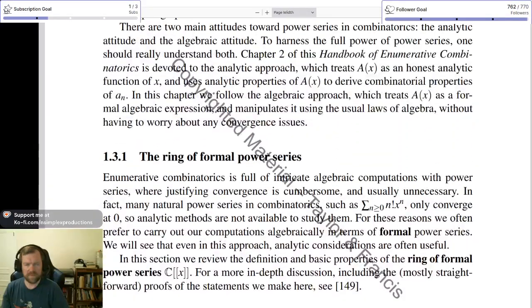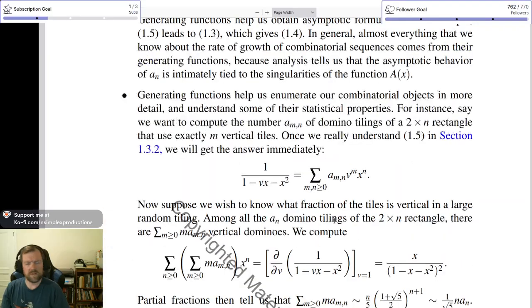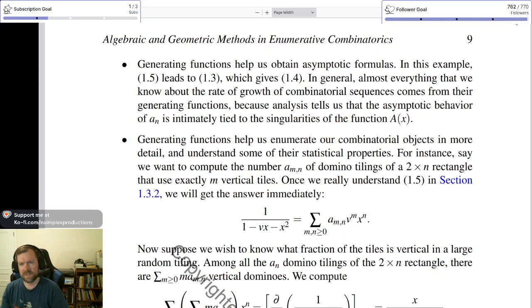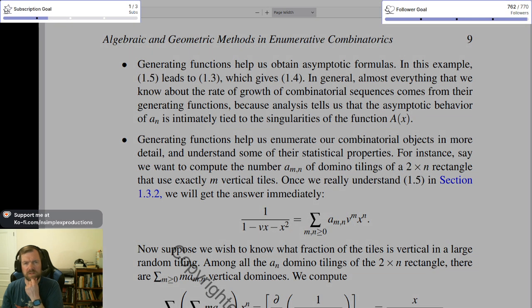Okay. You know what? I want to come back to this. We can read through 20 pages. That's reasonable.